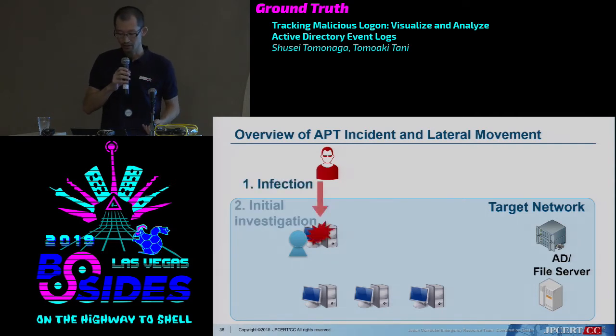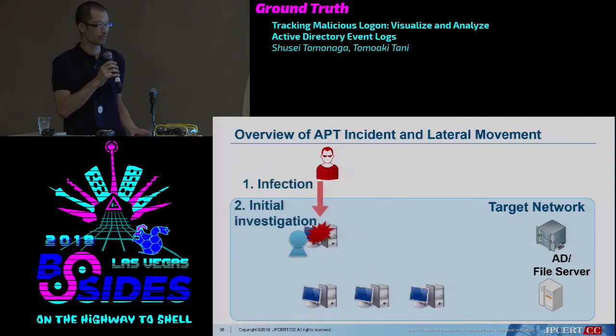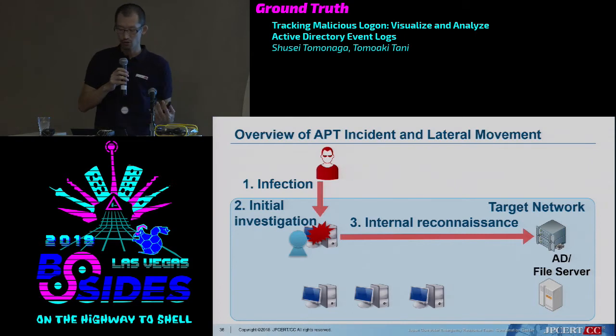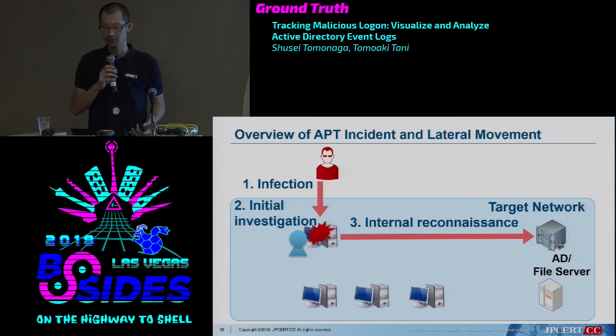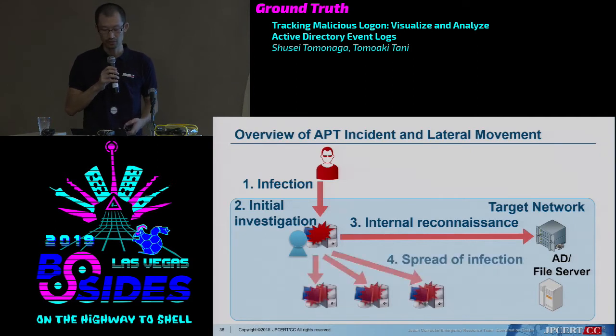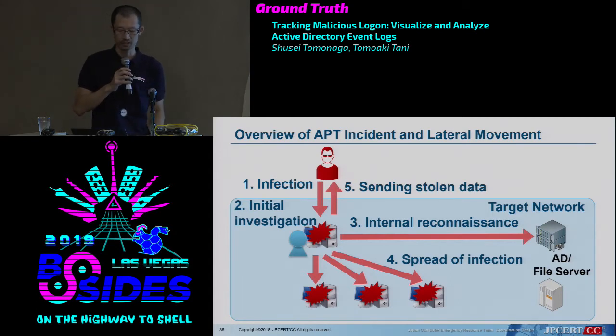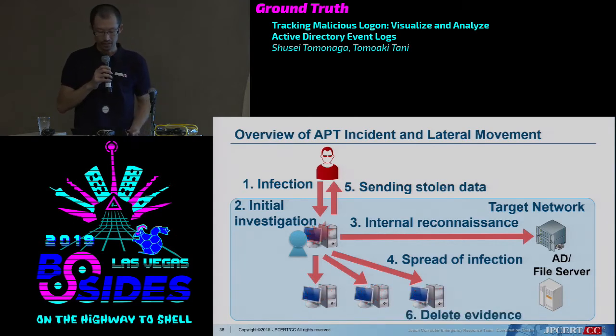The attacker who infected the host with malware collects information on the host. Next, they collect information on other hosts and servers within the network, and they spread the infection to other hosts. They will send confidential information using cloud services and so on. Last, they delete logs and created files.